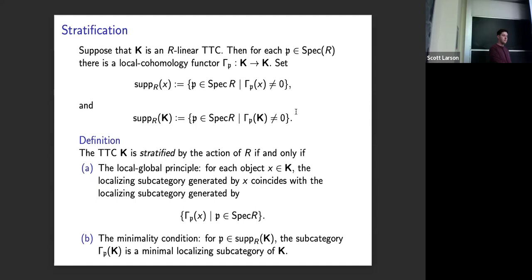It's a specialization functor, and it's just supported at P. When you do this in group algebras, in a module category, you're tensoring, and what it does is it kills all of the support that's outside of P. Okay, sorry, that was probably not satisfying.